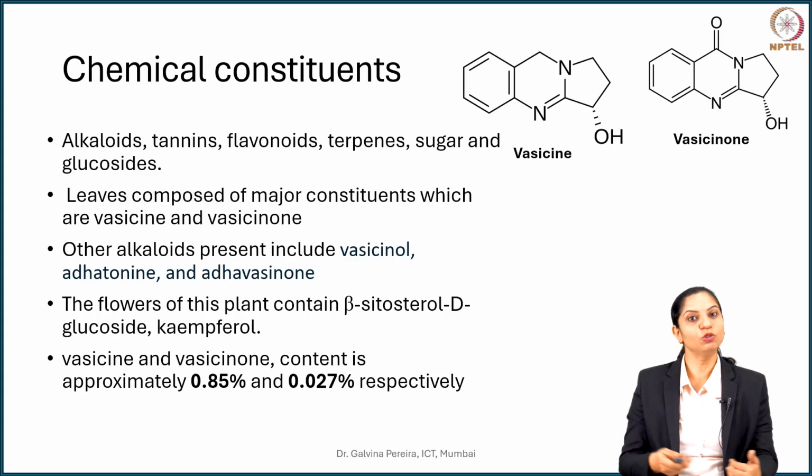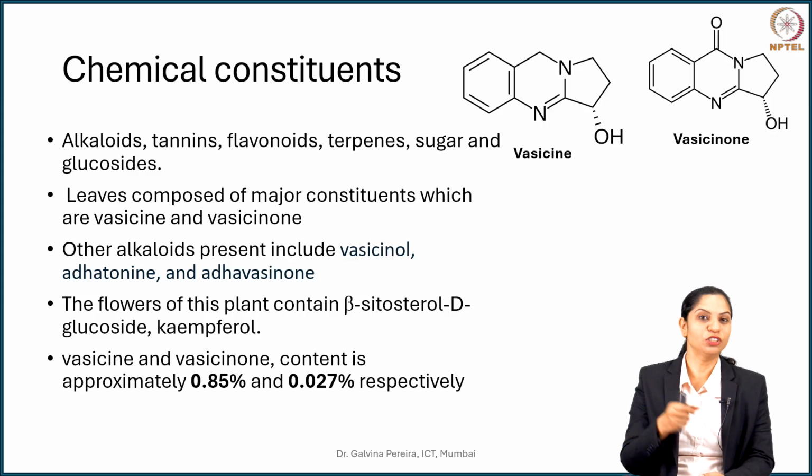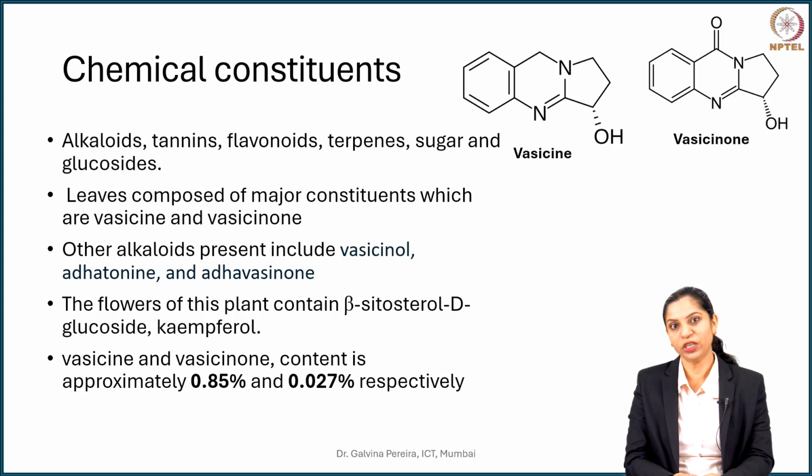Now this is a huge variation and definitely needs to be standardized also in terms of efficacy, that at what dose is it efficacious. Now whenever an industry is claiming that they have added 300 milligram of Adhatoda Vasaka powder, how am I going to quantify that? Now you can quantify by taking an empirical concept, that is approximate vasicine and vasicinone content.